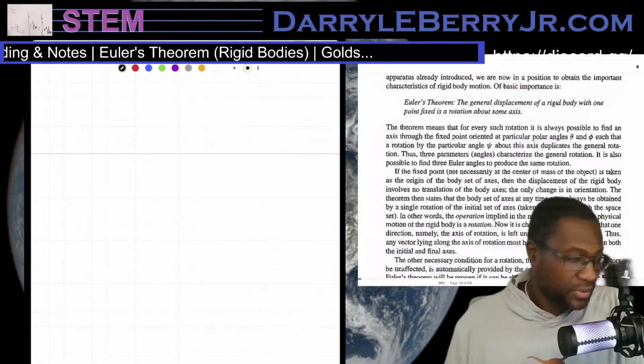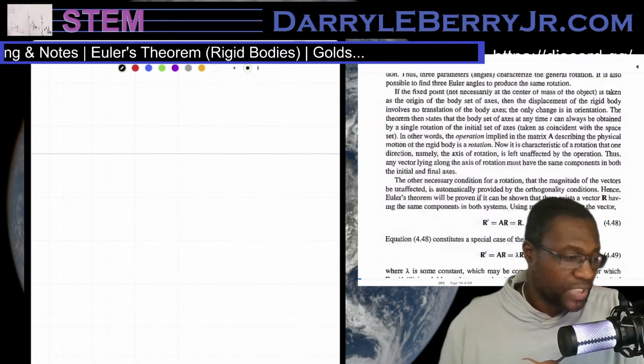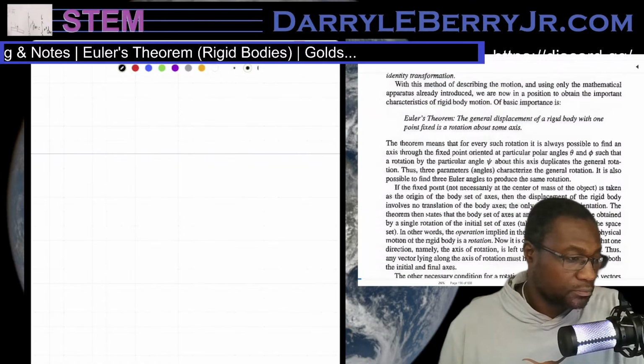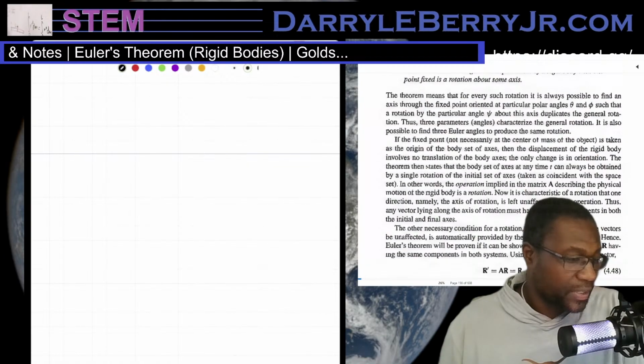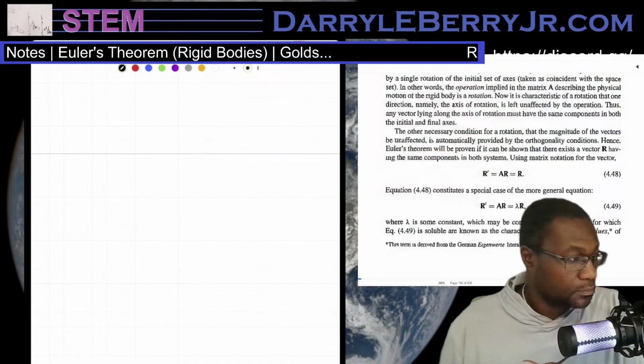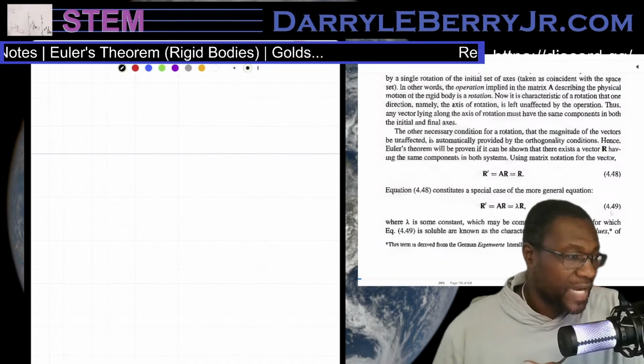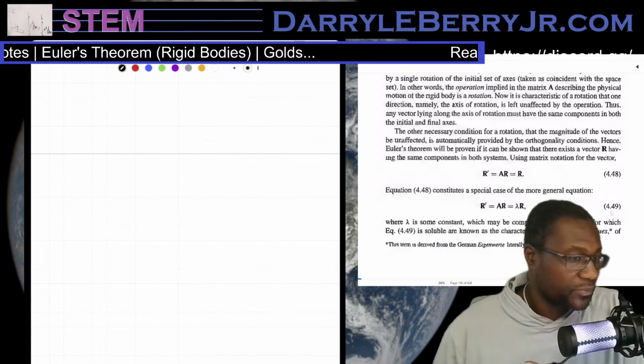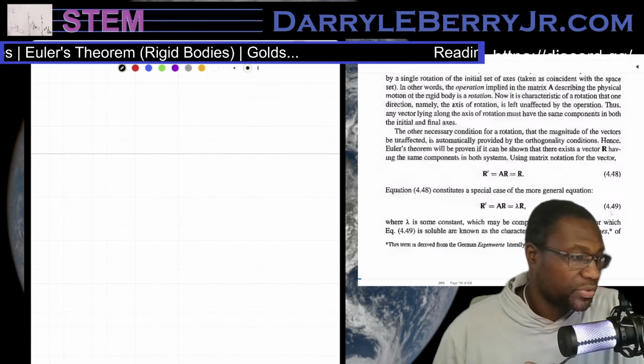The other necessary condition for a rotation, that the magnitude of the vectors be unaffected, is automatically provided by the orthogonality condition. Hence, Euler's theorem will be proven if it can be shown that there exists a vector R having the same components in both systems.